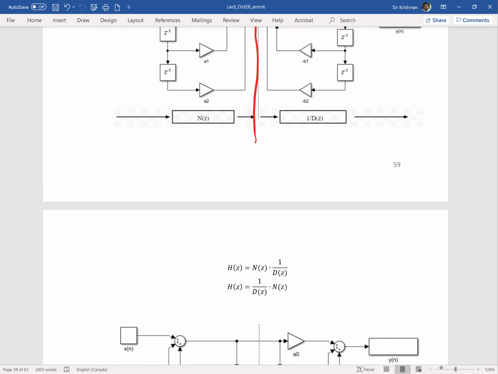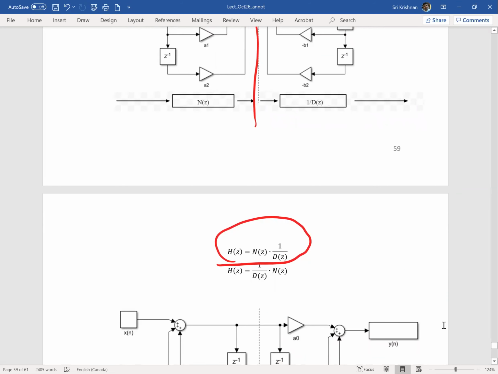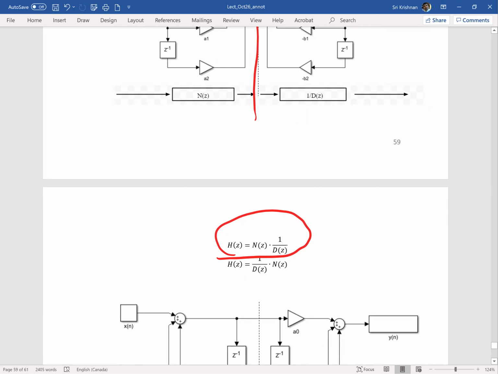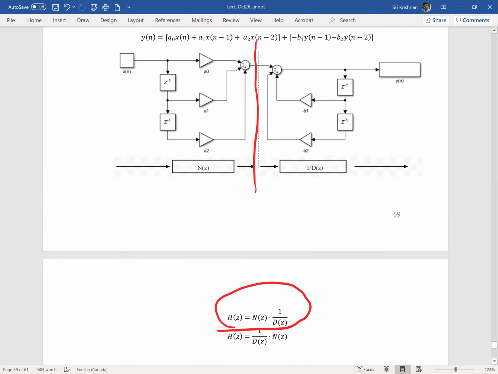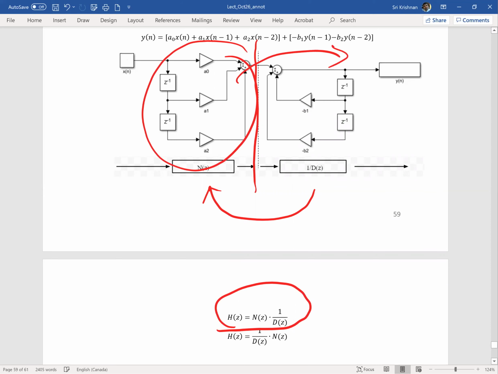So rather than having the representation written as N(z) times 1 over D(z), which is what we saw before, we could also flip it to make it 1 over D(z) times N(z), which also implies I can flip these two blocks. Okay, this entire block diagram could come here, and this entire block could go on the other side, without changing the input and the output notation.